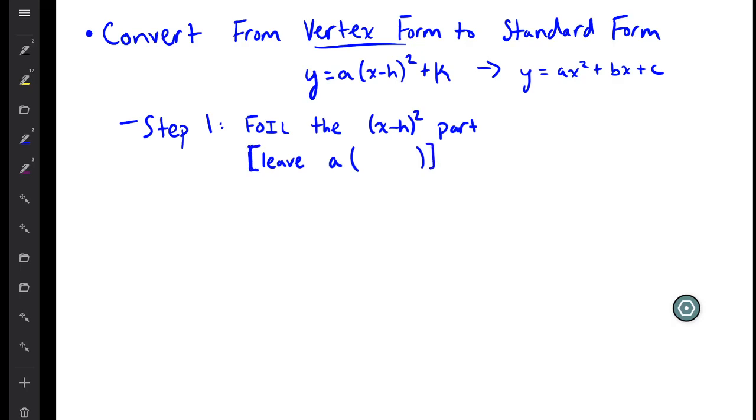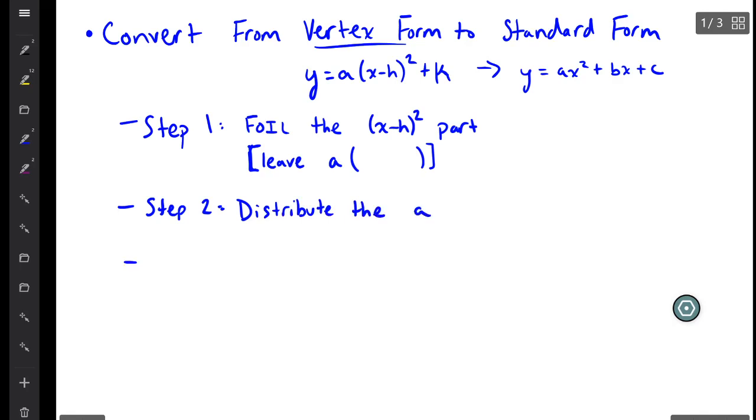Right, so we're just foiling that part, but the a still needs to distribute to everything. Then step 2 will be to distribute the a. And then finally, step 3 will just be to combine our like terms.